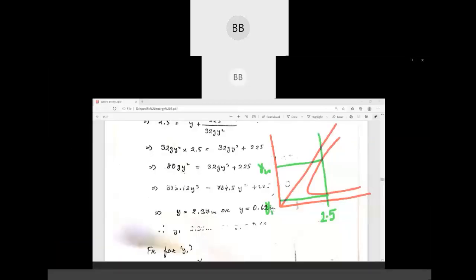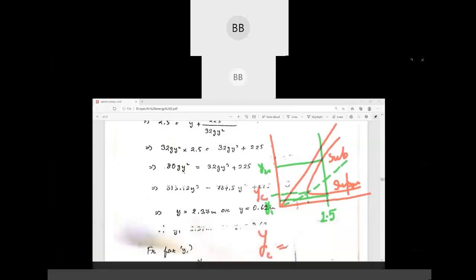And then we will have another depth, called the critical depth, for E minimum. Or you can find the yc value. We have already discussed for yc: Q square by g to the power 1 by 3 for a rectangular channel. You can directly use this equation to find the yc value.